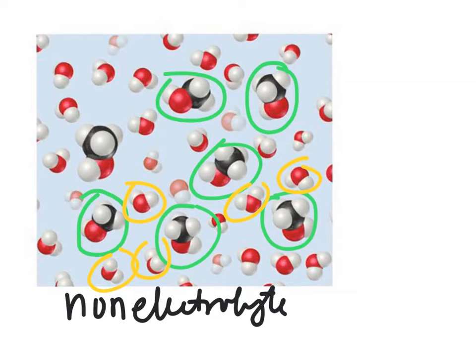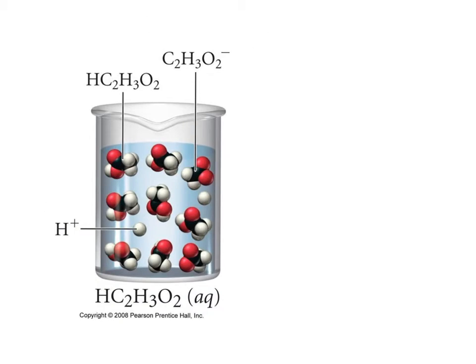They're interacting through forces like hydrogen bonds, which we talked about before. So you still have interactions between the solvent and the solute, but we don't have charged particles, and the molecules themselves have not broken apart. They've stayed whole. So of course we have electrolytes where they break apart completely, and we have non-electrolytes where they stay completely together.